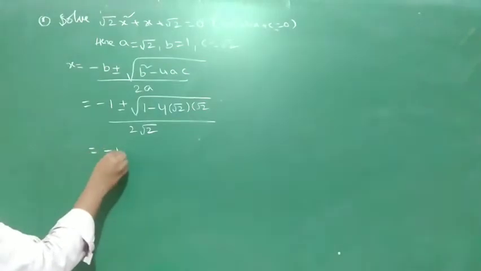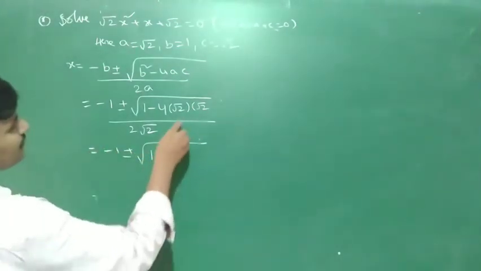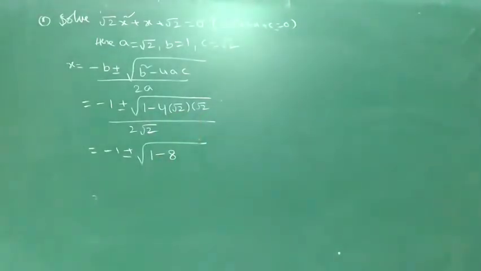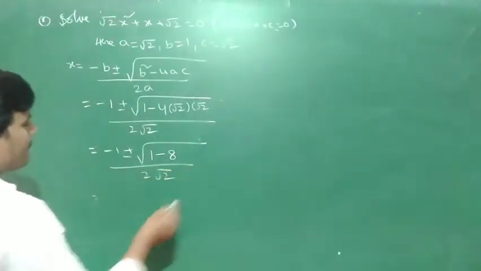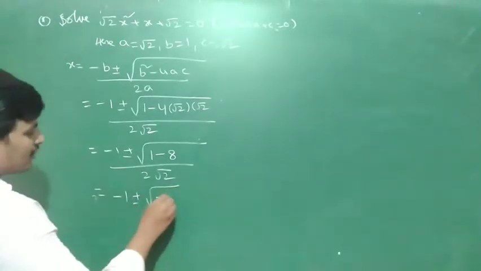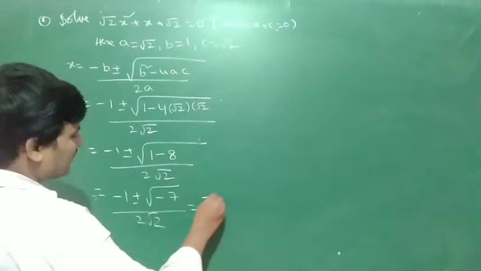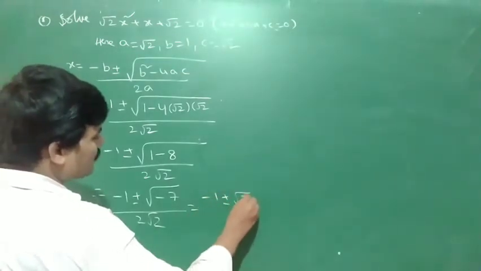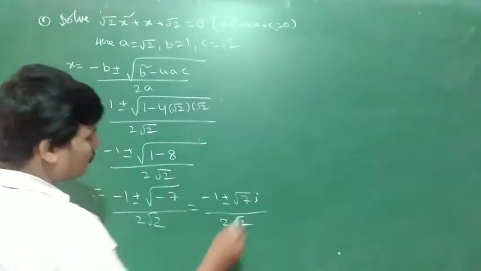So that is equal to minus 1 plus or minus root of 1 minus 8, because root 2 into root 2 is 2, 4 into 2 is 8, by 2a. So that is equal to minus 1 plus or minus root of minus 7 by 2 root 2. That is equal to minus 1 plus or minus root 7 i by 2 root 2.